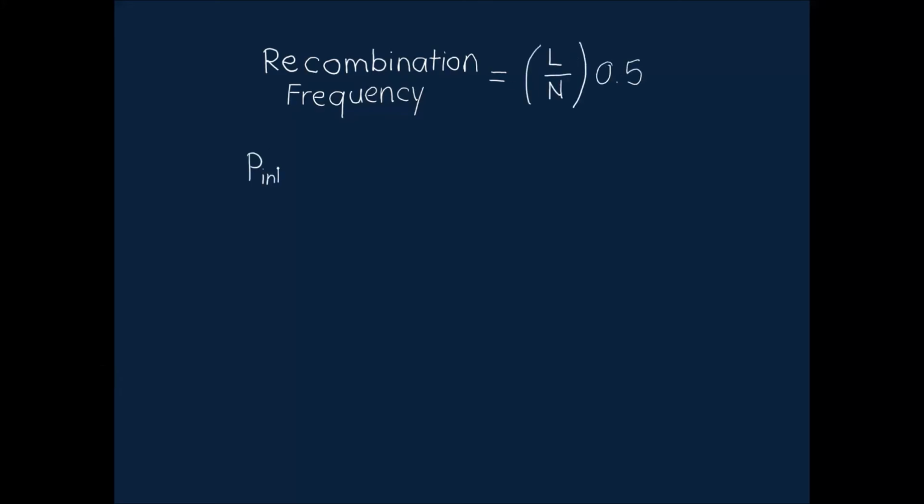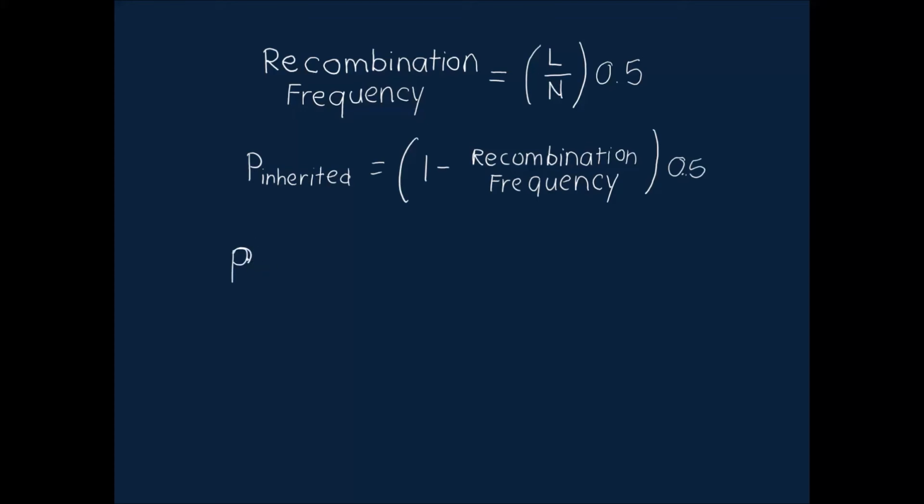Since we are interested in the probability of you inheriting an intact gene, we take this value and subtract it from 1, and then multiply it by the factor of 0.5. That accounts for random assortment in other stages of meiosis. We now know the probability that you and your parent have the same gene. To determine if you and your sibling both share this gene, we simply square this value.